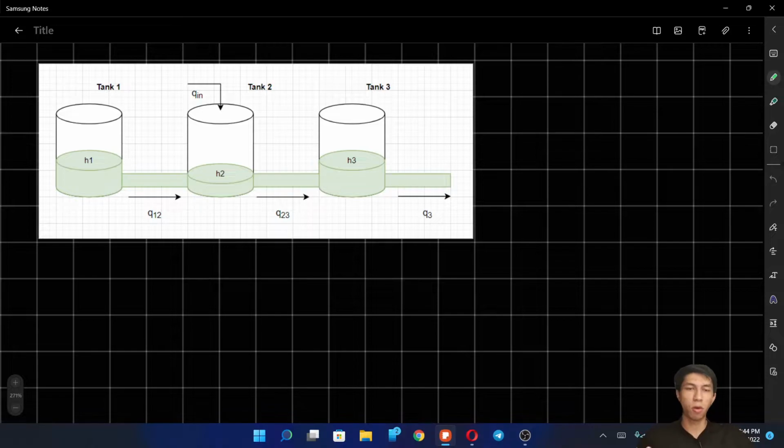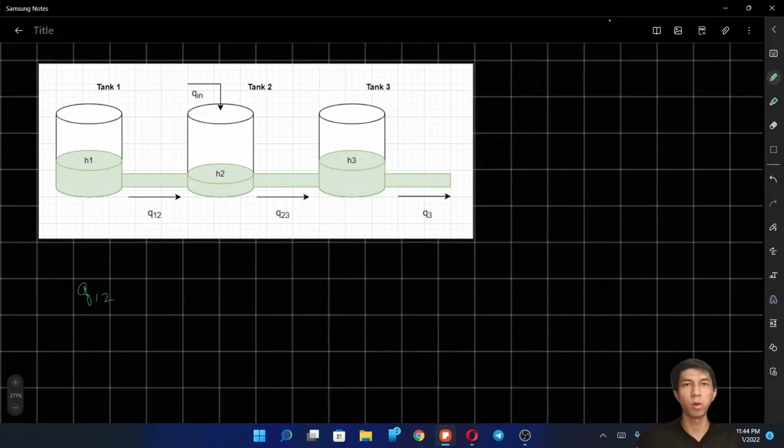Before trying to figure out our differential equation for the problem, let's try to model our system. So let's say we have our Q, which is going from 1 to 2.